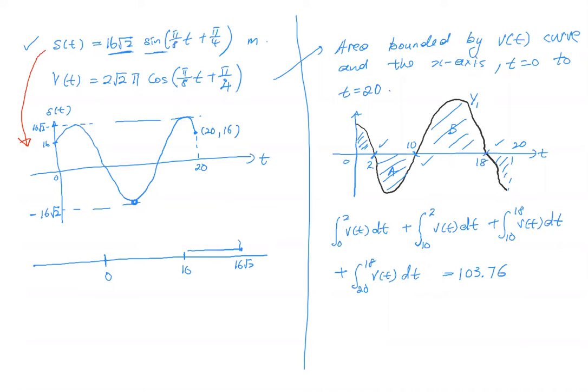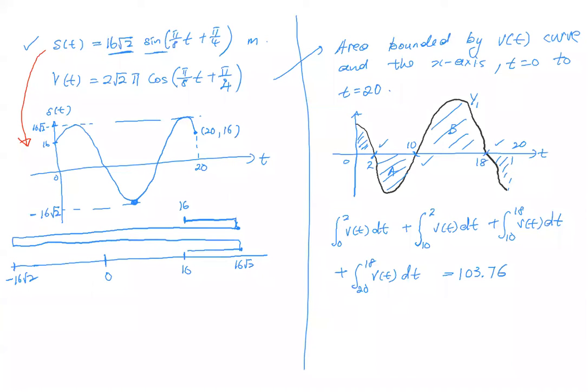Then it goes past the origin, right up to negative 16 root 2. Then it makes a U-turn again, then goes to 16 root 2. Then from here, makes a U-turn again, then goes back to 16. Can or not?